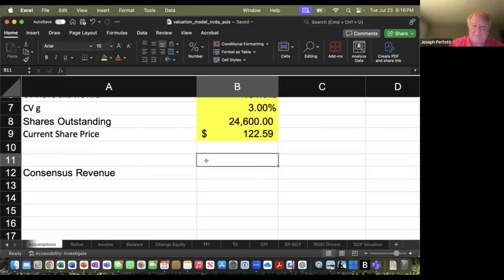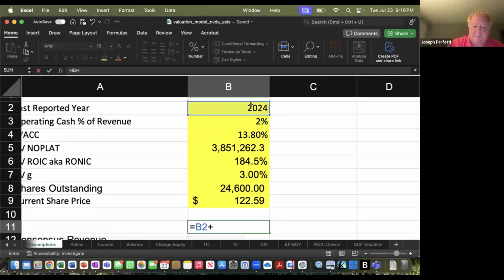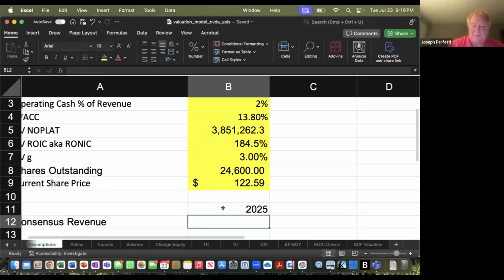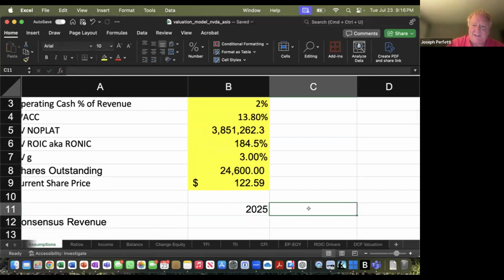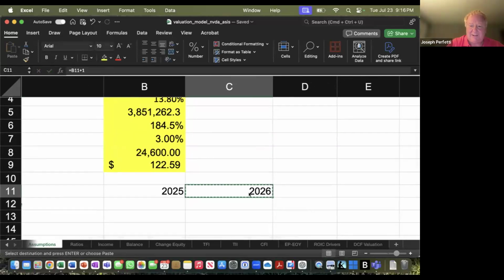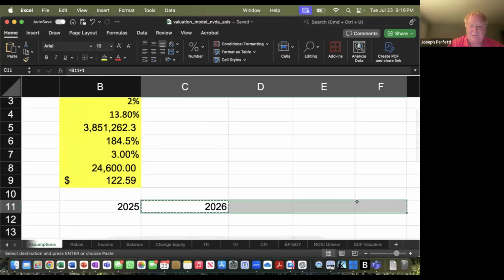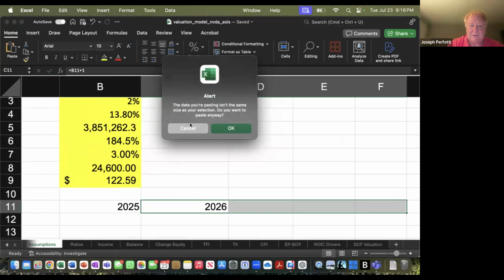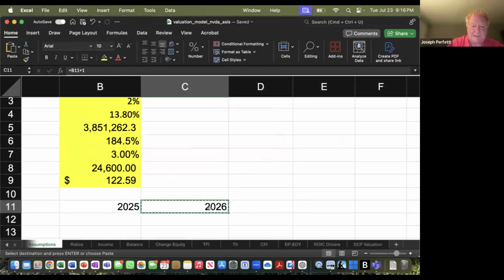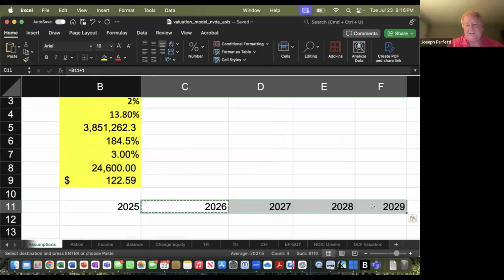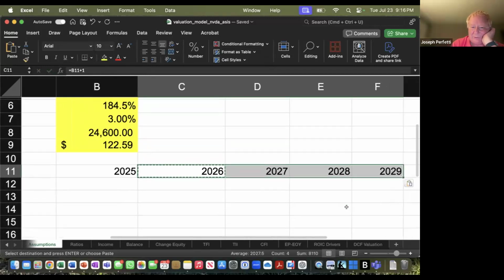The first year equals current year plus 1, the first forecast year, 2025. Then starting in column C, equals B11 plus 1, 2026. And we're going to do a consensus all the way through 2029, 2025 to 2029, the next 5 years.